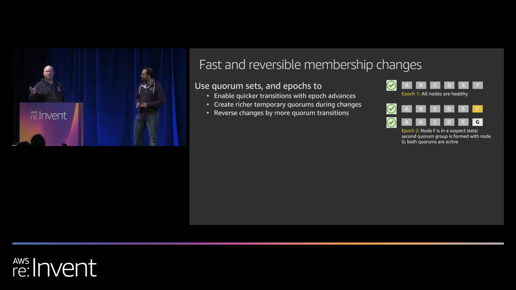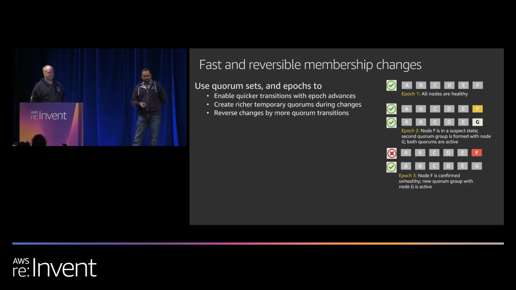Generally, it's a hard problem to know if something is a real problem, like is something really down, or is it some sort of blip? Right. And you don't want to take drastic actions if it was just a blip. Right. So once we have absolute evidence that we don't need to talk to F, we remove that quorum from the quorum set, and then the future quorum is the current quorum now.